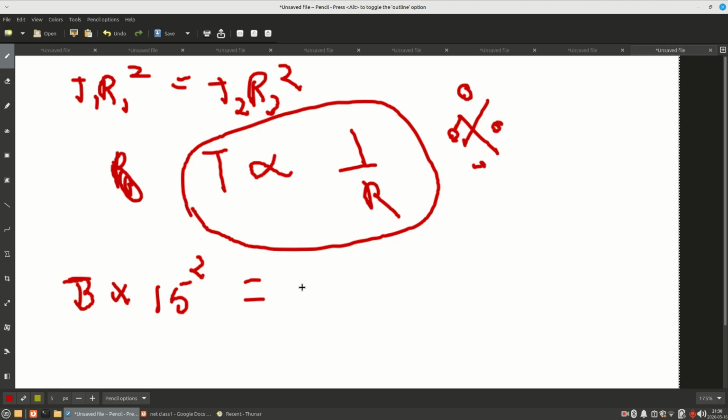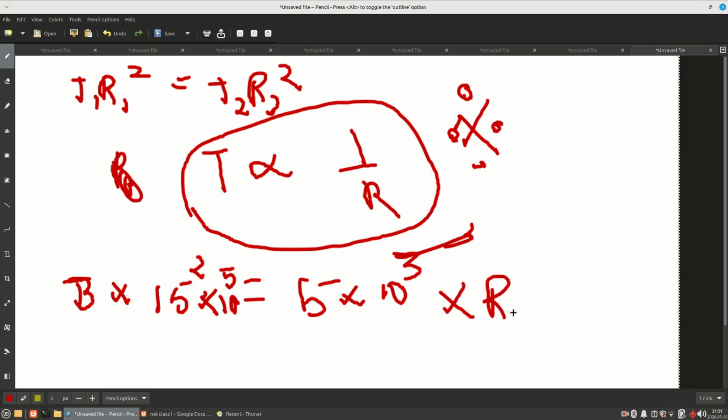T2 is 5 into 10 to the power of 3, and we have to find R2 squared.